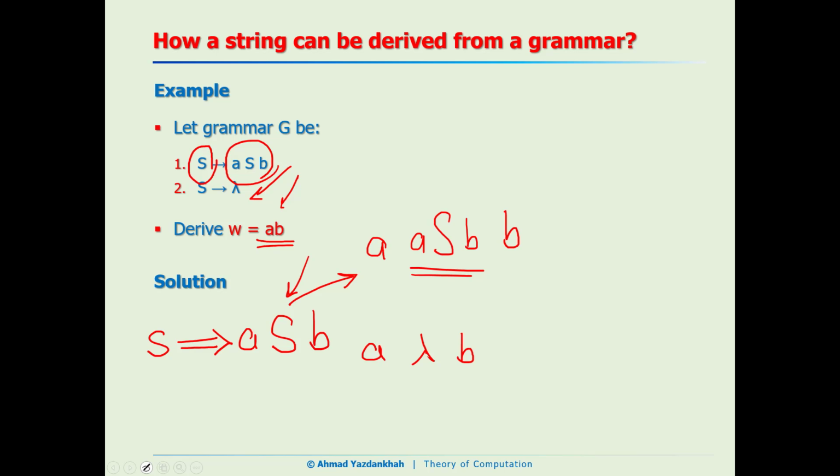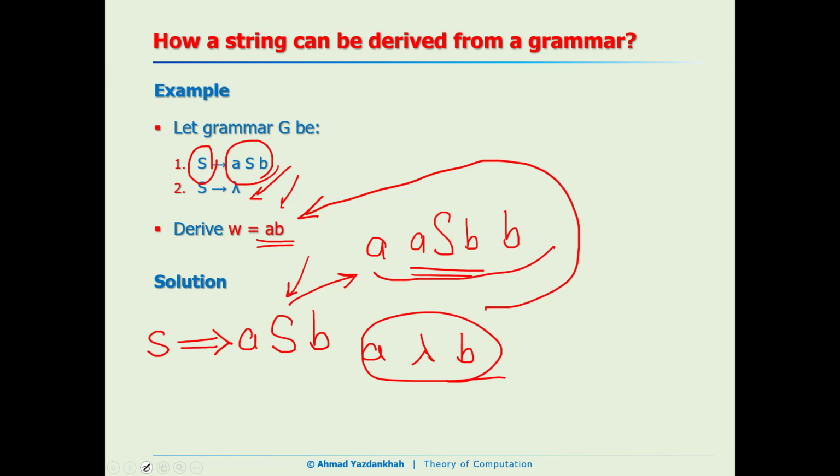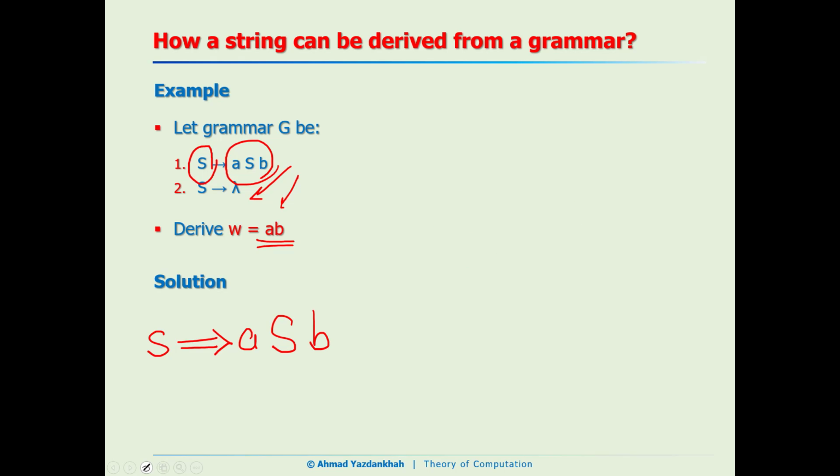Which one do you think leads to this AB? Absolutely this one, right? Because this one is increasing the number of A's on the left side and the number of B's on the right side. So if this is the case, then I would say A, lambda, B, and we know that lambda is an empty string and it's a neutral thing for the concatenation. So this is equivalent to AB.